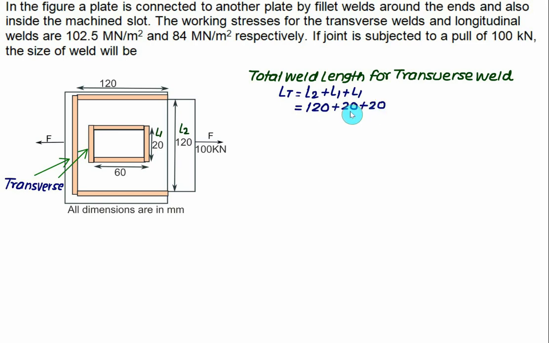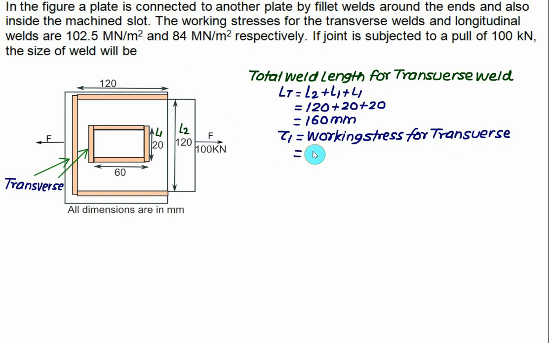So 20 plus 20, 40, plus 120 is equal to 160 mm. And tau 1 represents the working stress for transverse weld, which is equal to 102.5 megapascal. So the corresponding force F1 will be equal to tau 1 multiplied by throat thickness T multiplied by the length LT.